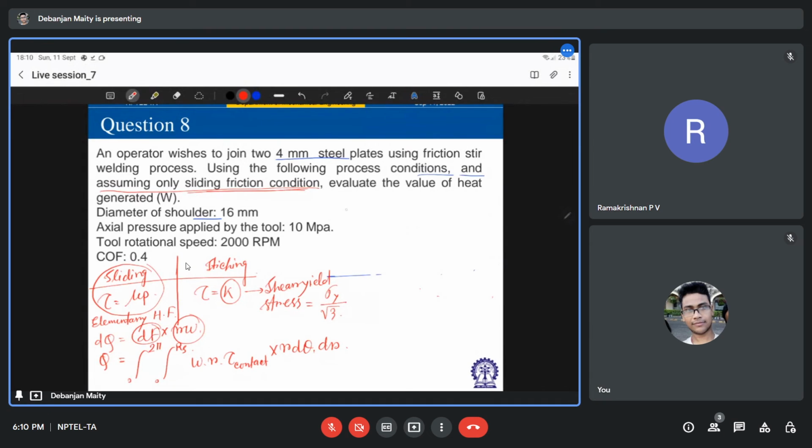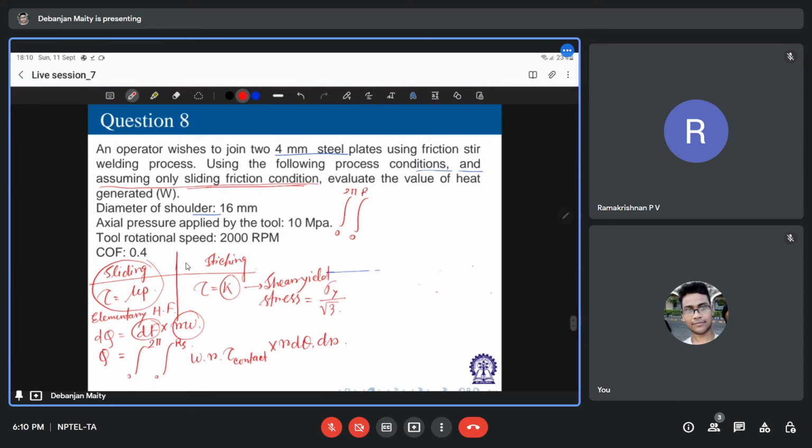So here it is 0 to 2 pi and then 0 to rs. You are given tau as mu p. So mu p into omega r square dr into d theta. Am I right? So that is equal to 0 to 2 pi and 0 to, let us put the value now, so it's 8.